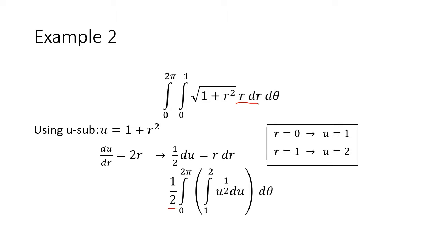And so now I'm trying to integrate from 1 to 2 of u to the 1/2 du. Because again, it was under a square root, it was the square root of u. But if I want to take the antiderivative, or even the derivative, we need to write my radicals as rational exponents, or fraction exponents. So again, now I'm integrating u to the 1/2 du. This is just a straightforward application of the power rule.